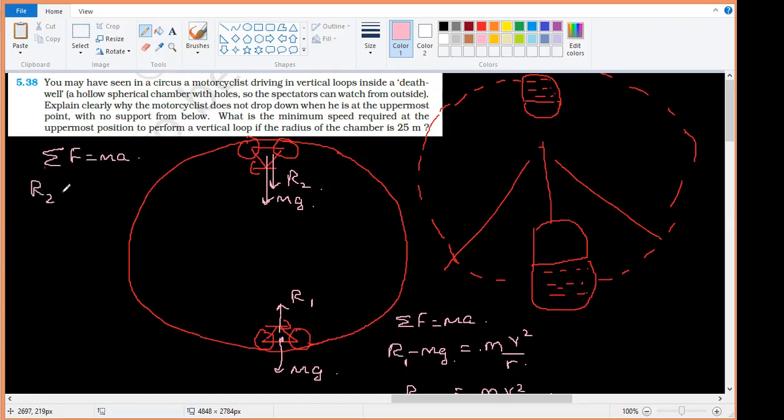So R2 plus mg is equal to mv squared by r, where r is the radius of the death well. So R2 is equal to mv squared by r minus mg.